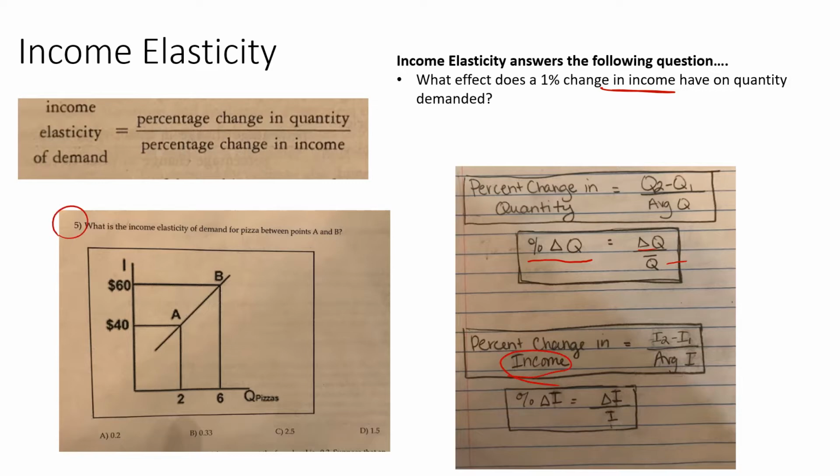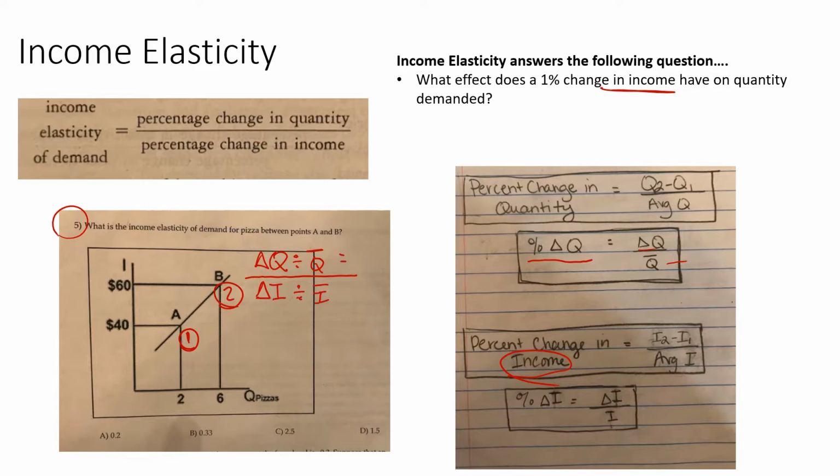So let's go ahead and see if we can try number 5 here. What is the income elasticity of demand for pizza between points A and B? So A is going to be our 1, B is going to be our 2. So change in quantity divided by average quantity, and divide that whole thing by change in income divided by average income.